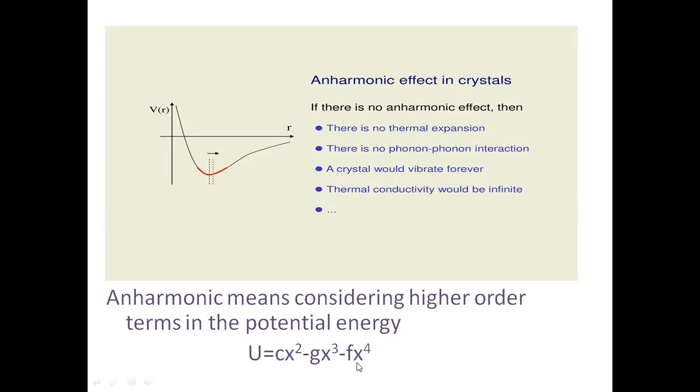The x cube term represents the asymmetry of the mutual repulsion of atoms, and the x power 4 term represents the softening of the vibration at large amplitudes.